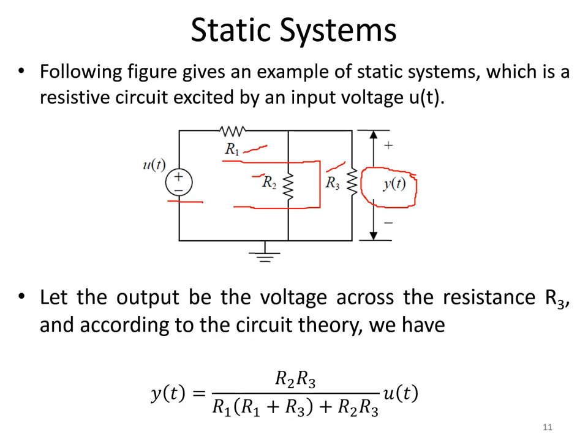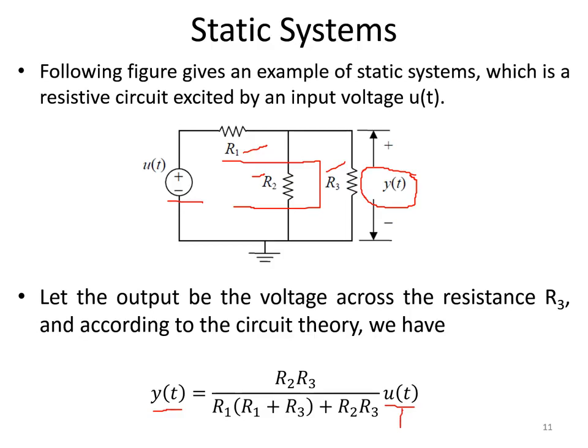If you apply the voltage divider rule, or you can solve the circuit by using Kirchhoff's current law or the voltage law, whichever law is applied here, you can see that the output voltage depends upon the input voltage or the current.